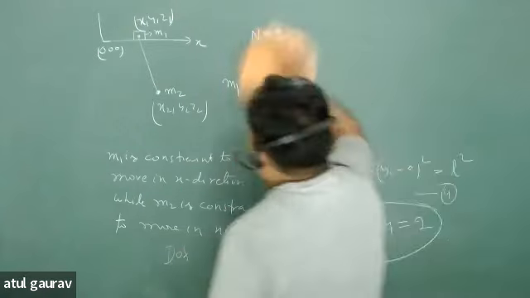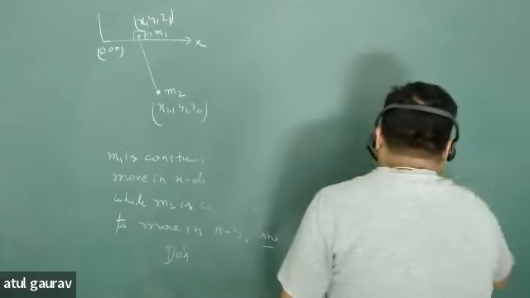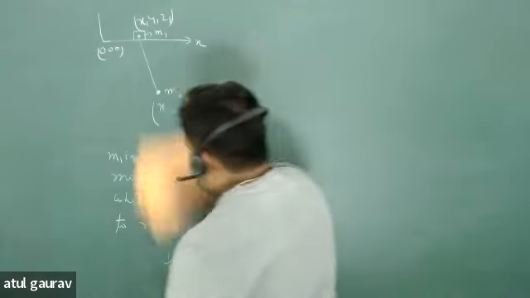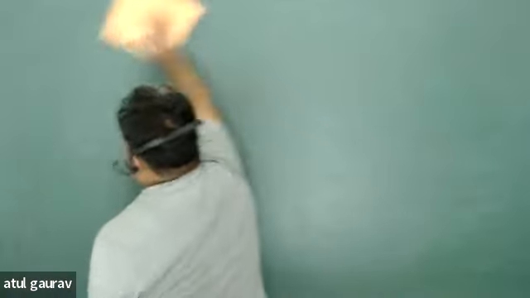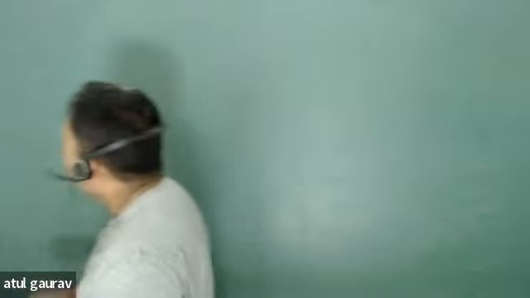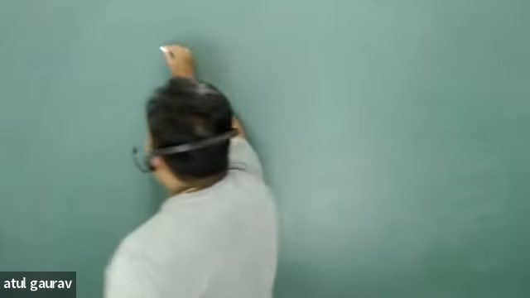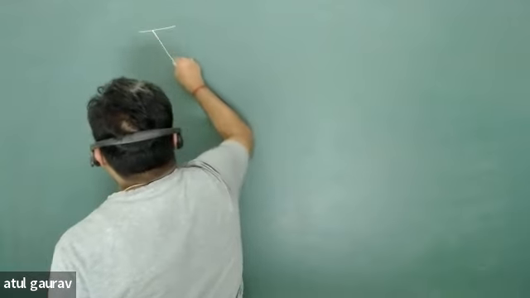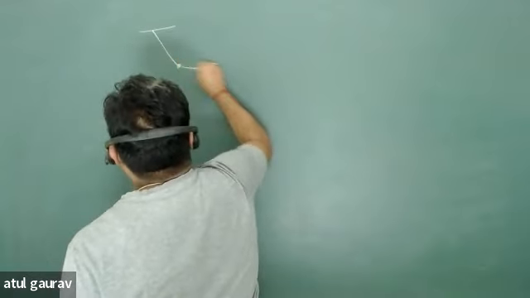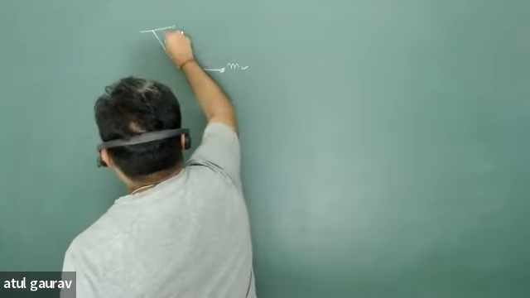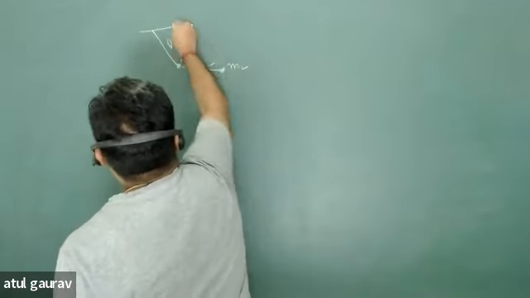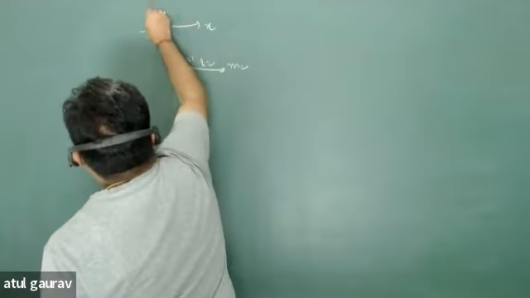Okay, good. I will give you one more problem for degree of freedom. You have to post it to me. So take this homework. If you post it, fine, otherwise I will not take the class. Okay, so this is your double pendulum. This is mass m1, this is mass m2. This is length l1, this is length l2. This is x, this is y.